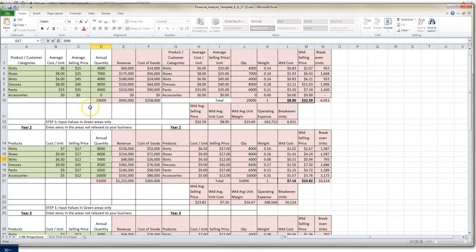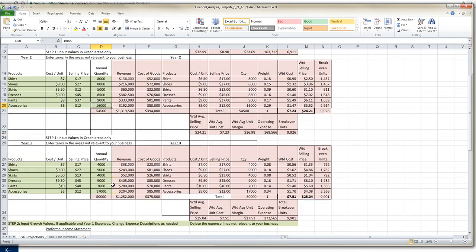So if you like, you can play around with these numbers, do some what-if analysis. What if my quantities change? How will that impact my overall business? So these numbers in green are completely up to you.